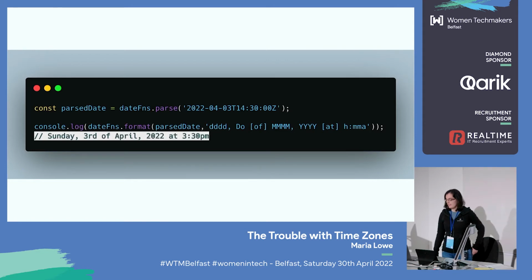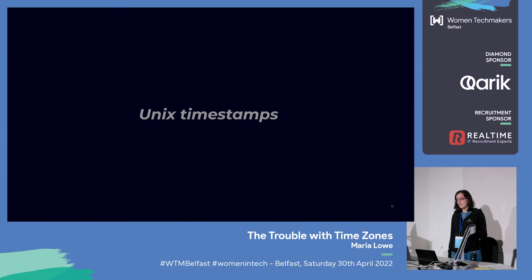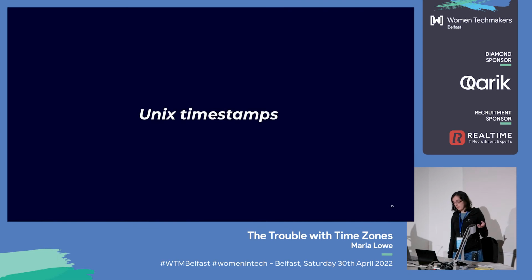Handy. Now, I've only been talking about string formats for time information so far, but another major thing to consider when dealing with dates and times is what format you should be using to store and send them. Using a standardized string format like ISO 8601 will work, but a better alternative is using Unix timestamps.